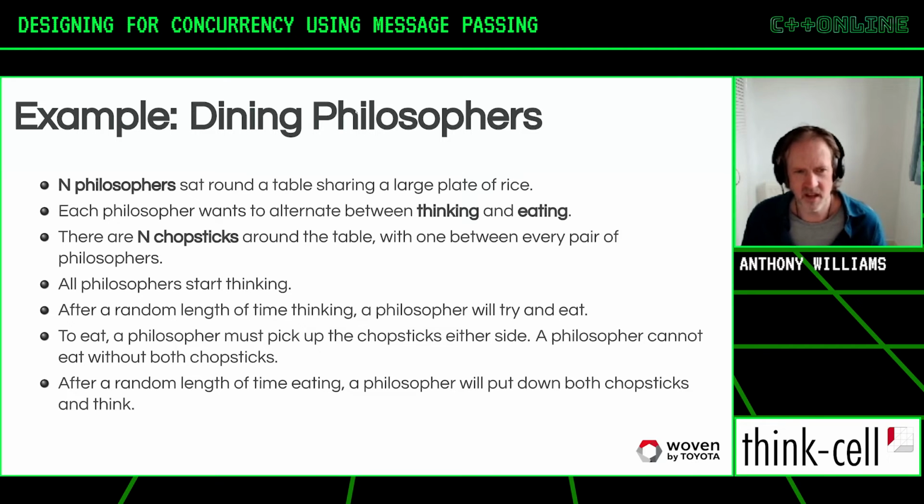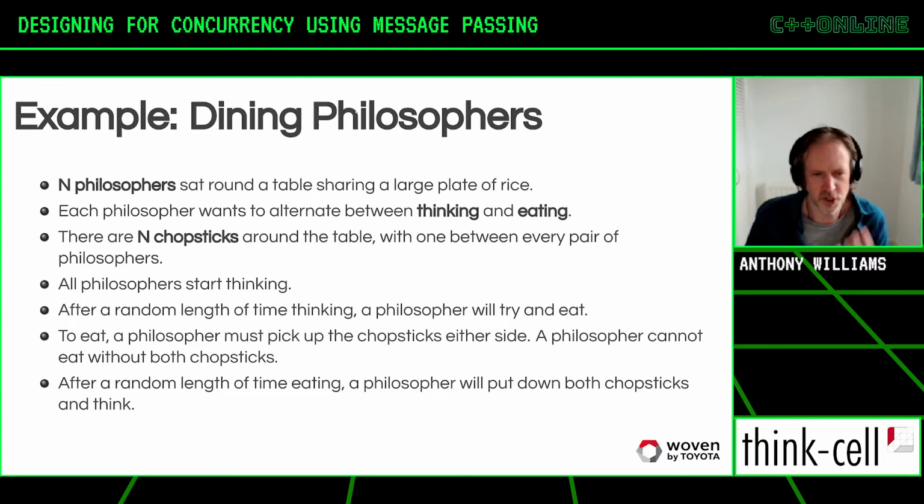They start by thinking, and at some point somebody has had enough thinking. They want to eat some rice. They try and pick up some chopsticks. They can't eat if they haven't got both chopsticks, so if they can only get one, they need to wait until they can get both before they can start eating. If they've got both chopsticks, then they will eat for a bit, put them down again, and then carry on thinking.